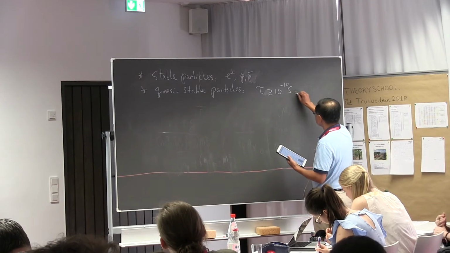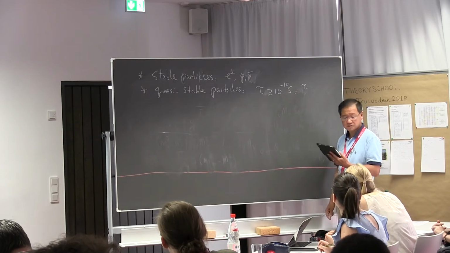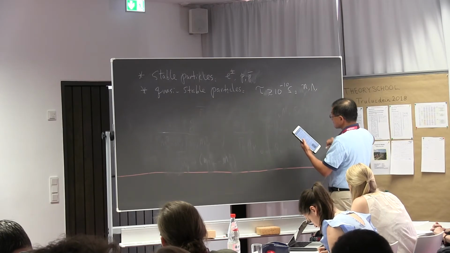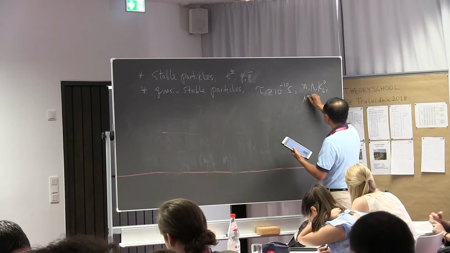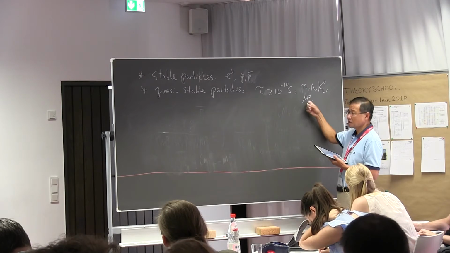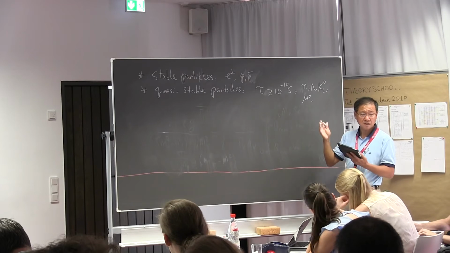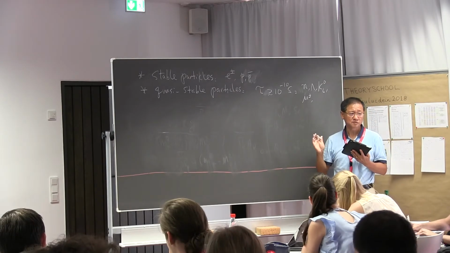Then of course you have neutrons. Neutron lifetime is minutes. Things like this, a few minutes, and some hadrons, K long, and muons, with a microsecond, 10 to minus 6. So lifetime 10 to minus 6 rather than 10 to minus 10, even longer lived. Muons are the best, the most well-behaved particle.